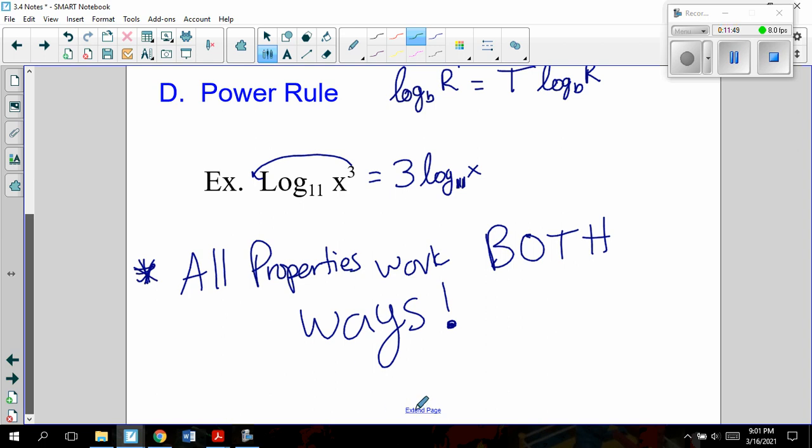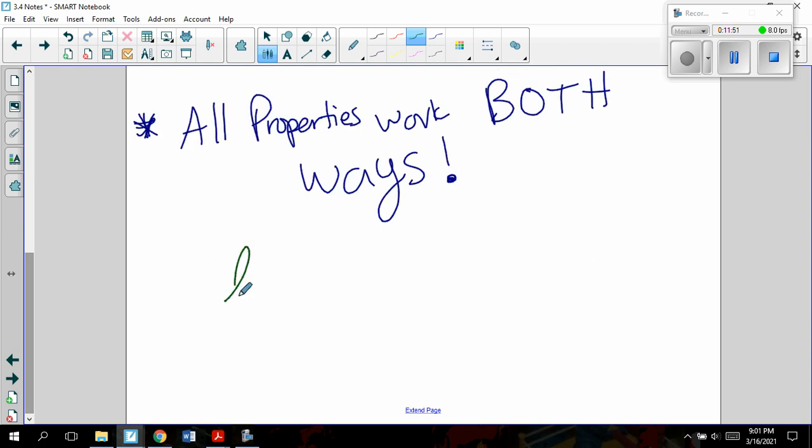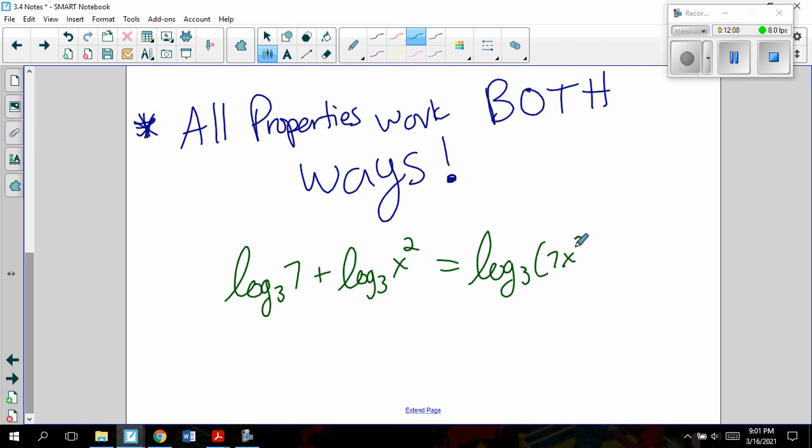Or, an example of going the other way with your product rule. Maybe you have log base 3 of 7 plus log base 3 of x squared. I can say, oh, I'm adding, I have the same base, very important. I can put this together to log base 3 of 7x squared.